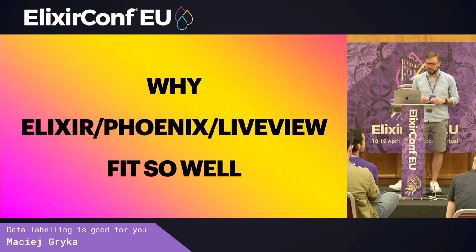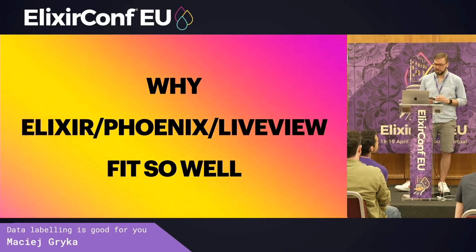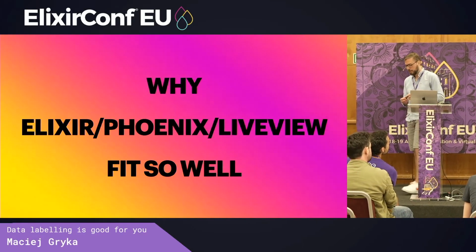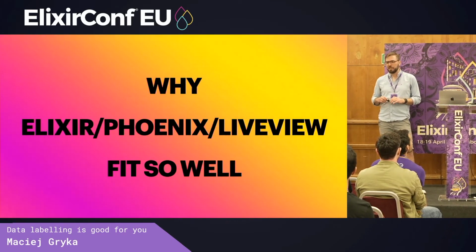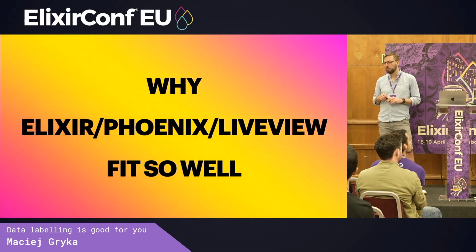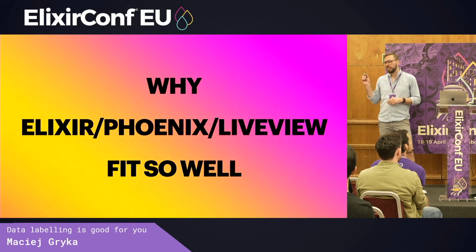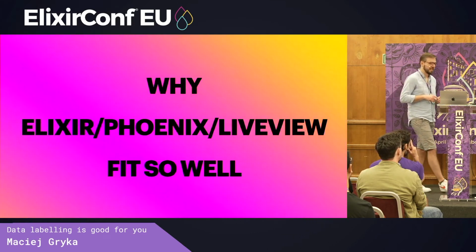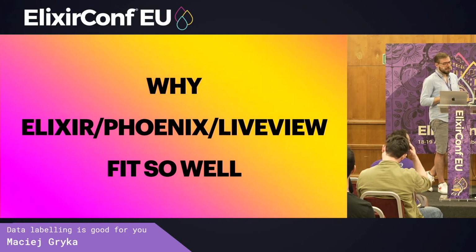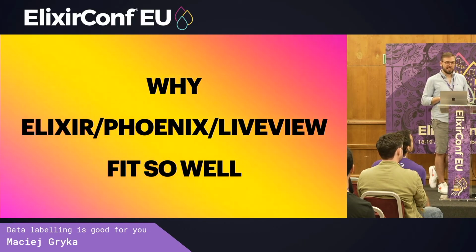So why are Elixir and Phoenix and LiveView so good for this? It's because it takes very little effort to build something that is really well tailored to whatever you need to do. So displaying images is easy, but you can add audio, you can use video, and all of these things. It's not about amazing design.